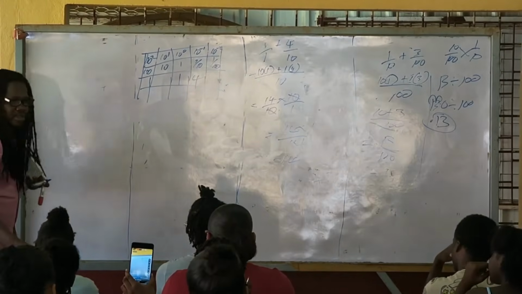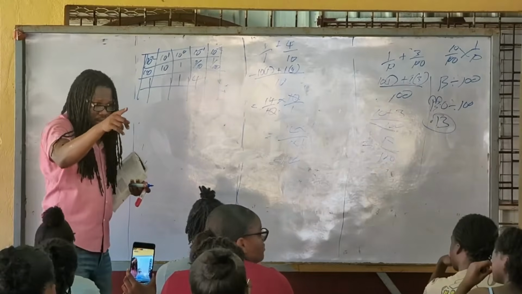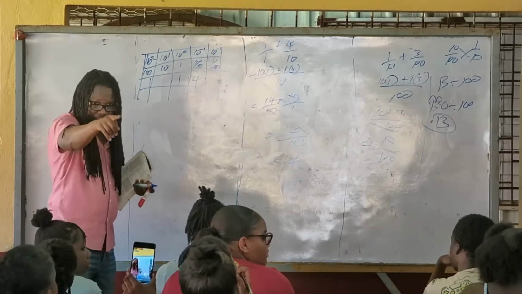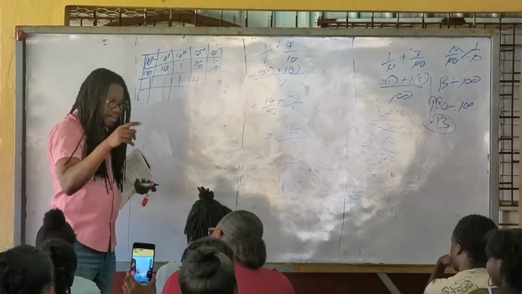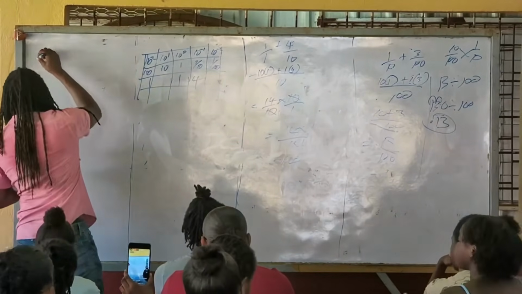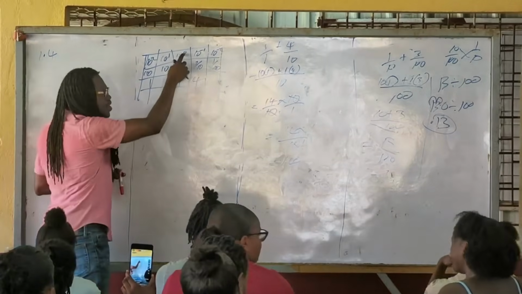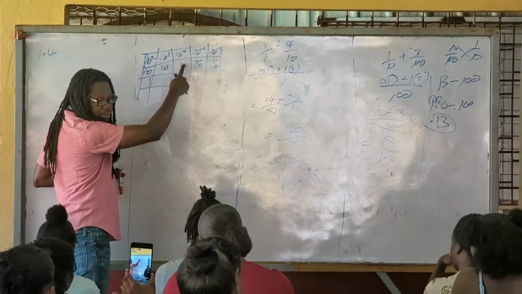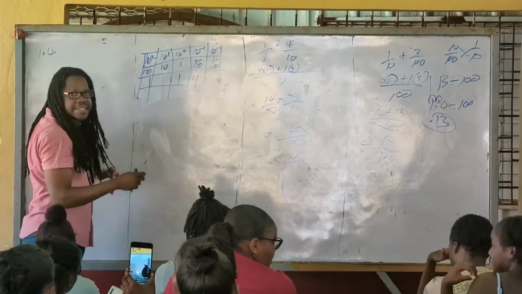Do you understand this? So that means 1.4 is 1 ones and 4 times 1 over 10.